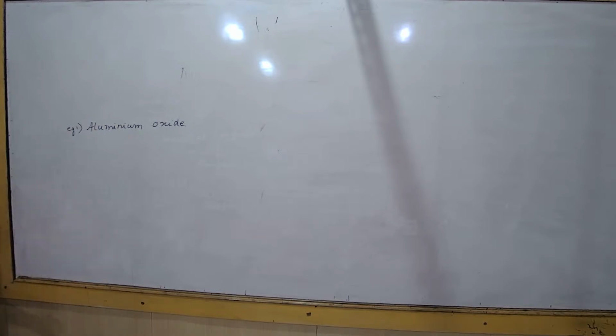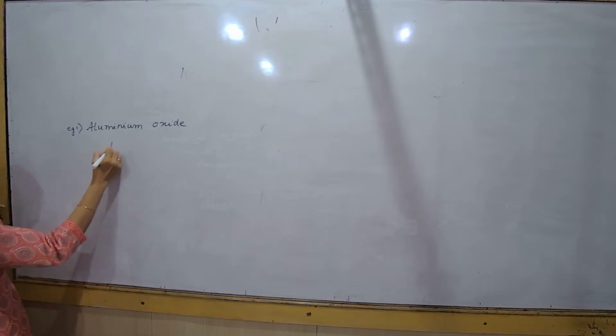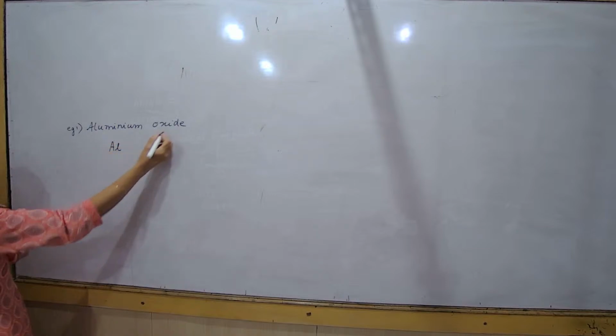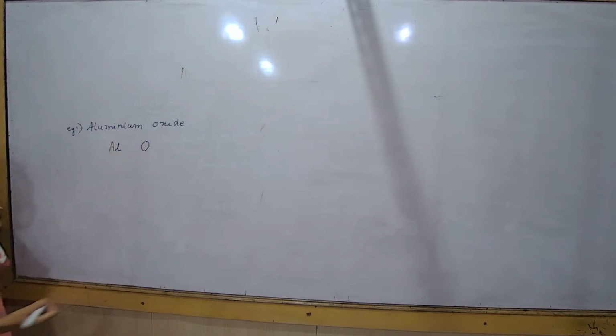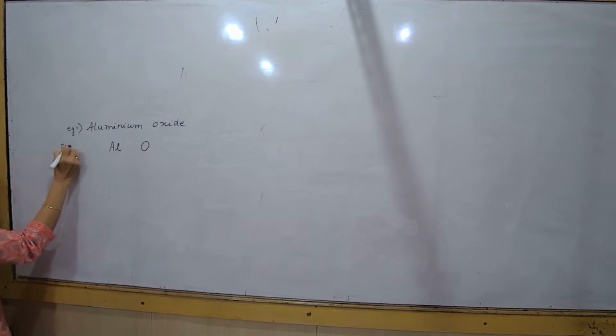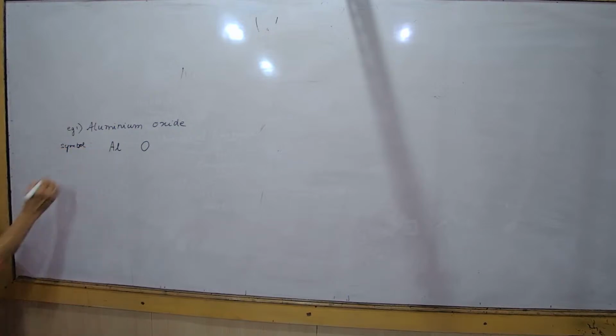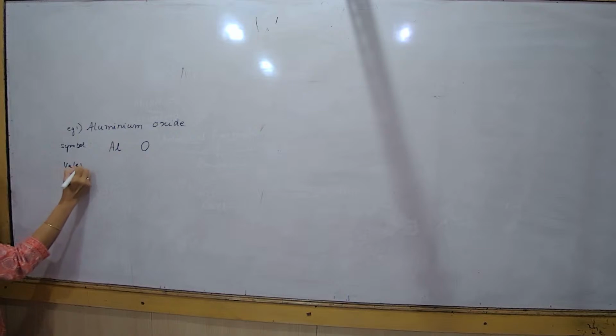Aluminium oxide. First of all, we need to write down what is aluminium. What is the symbol for aluminium? So if you look at that list, aluminium is Al. And for oxygen, we write it as O. So this is your symbol. Next, we are going to identify what is the valency.